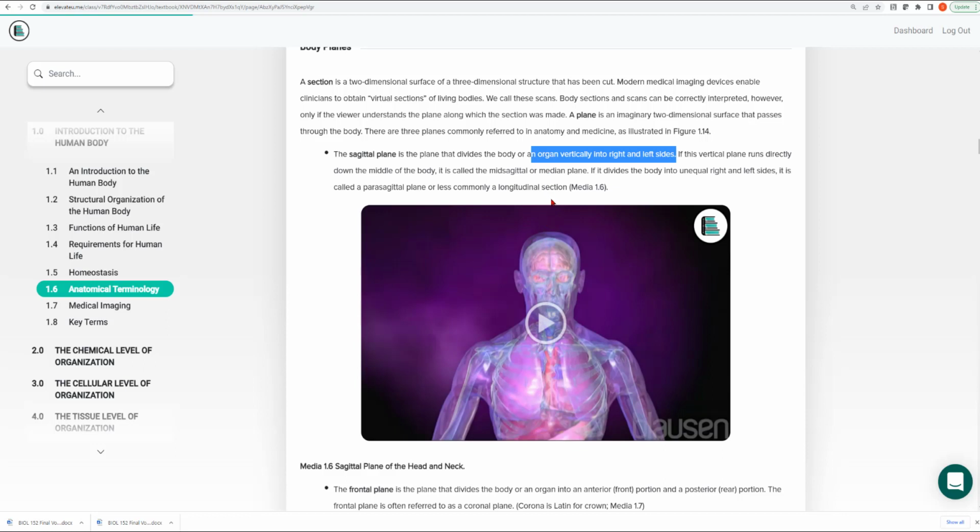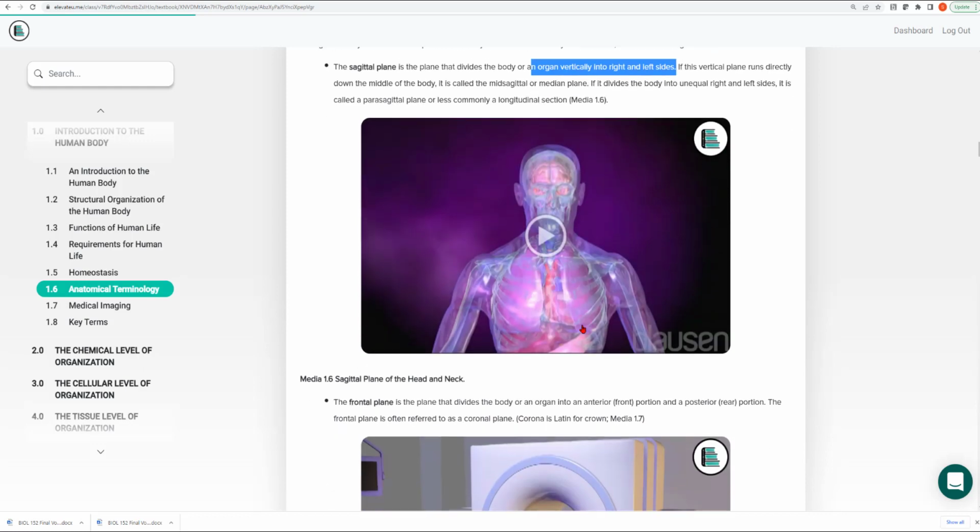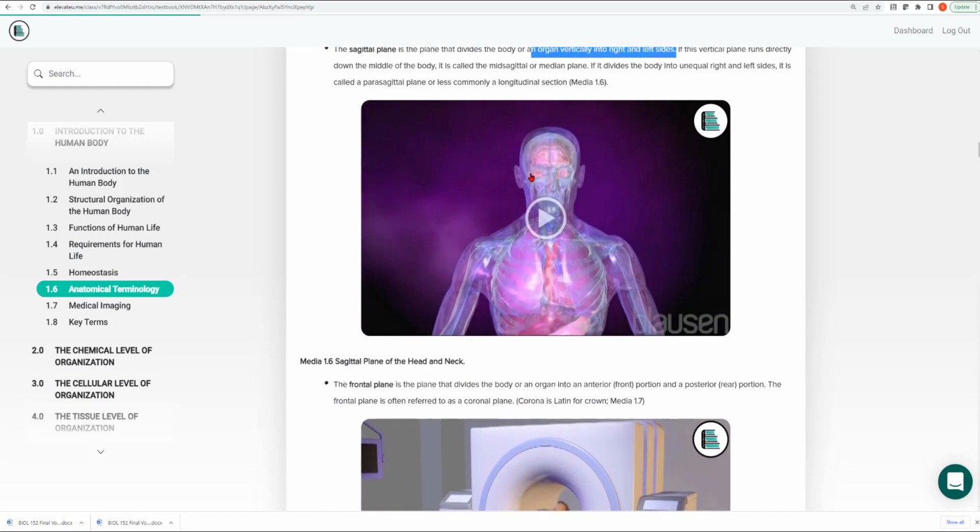Now, if it's right down the perfect middle of the body, as I'm showing with my pointer, that sagittal plane has a special name called mid-sagittal. But most sagittal cuts are not equal, and if they're not equal, we're going to refer to them as parasagittal planes, or simply sagittal. Again, don't forget to watch these videos.